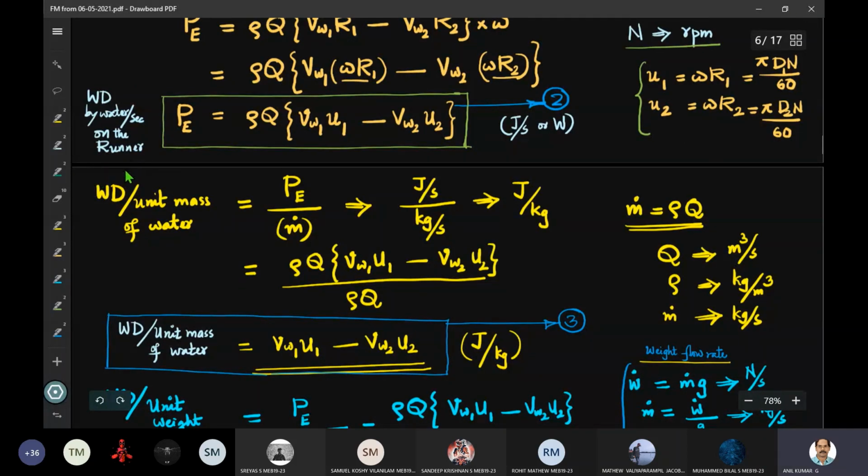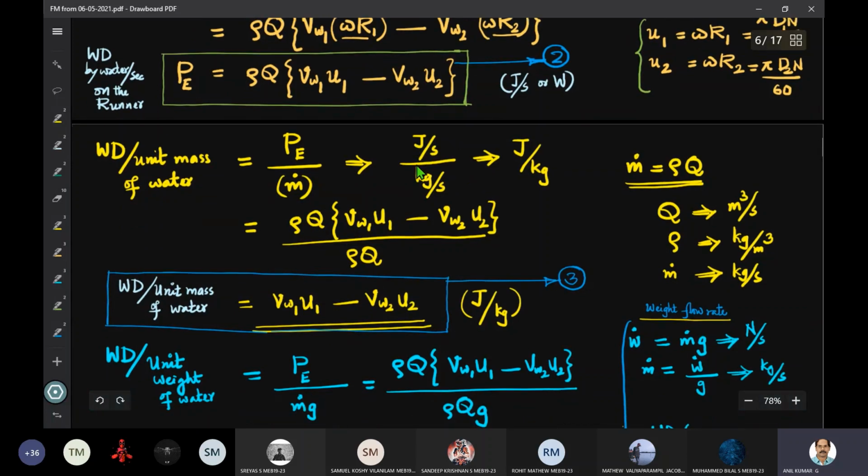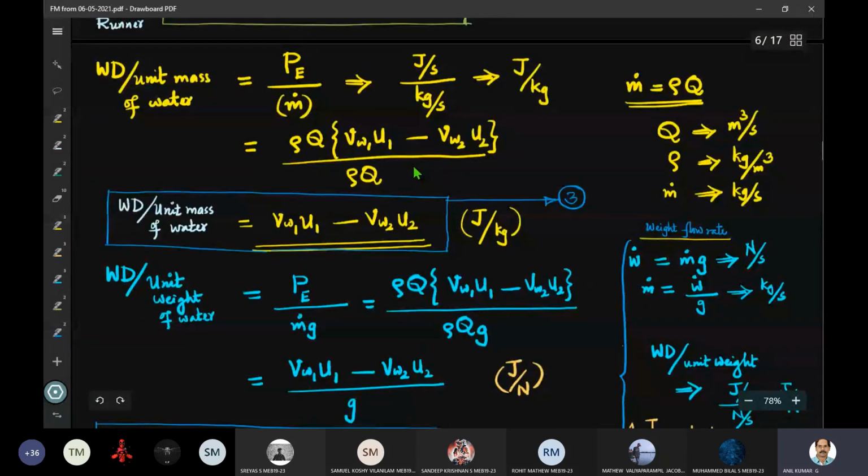In power producing turbomachines, the rotating part is called a runner, and in power consuming devices like compressors, the rotating part is called an impeller. So P_E is equal to rho Q into (VW1 U1 minus VW2 U2). That is the equation for Euler power or theoretical power developed.